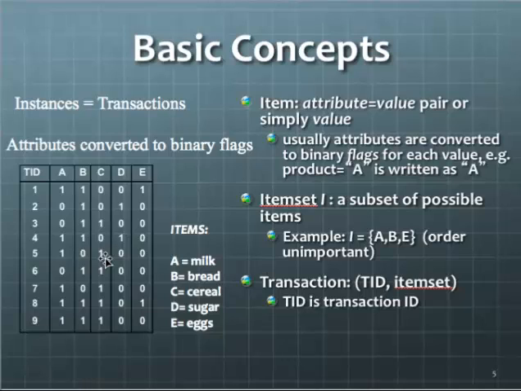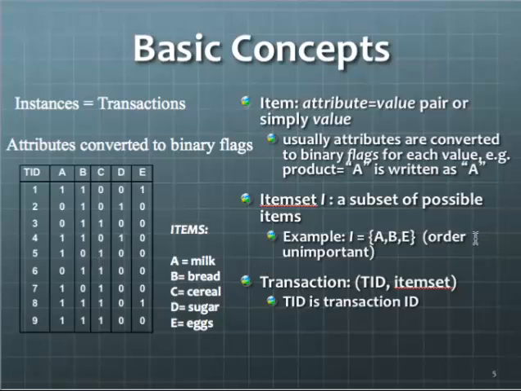Besides the item, another concept that we need to understand is called an item set. In association analysis, a collection of 0 or more items is termed an item set. If an item set contains k items, it is called a k-item set.